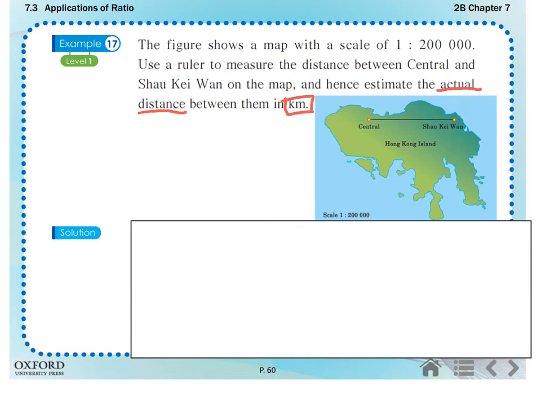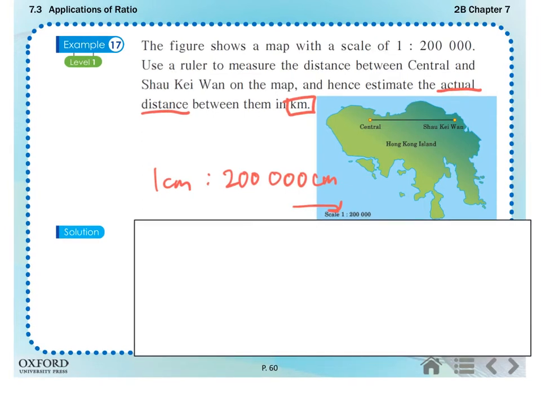So the scale means 1 cm to 200,000 cm. We will use a ruler to measure it from the textbook. This one should be 4 cm. So 4 cm on the map. How about the actual distance in reality?